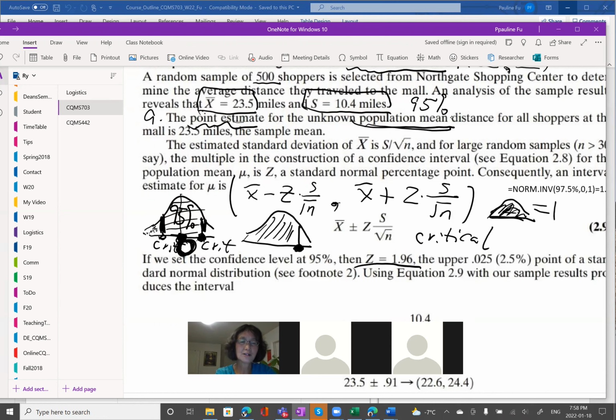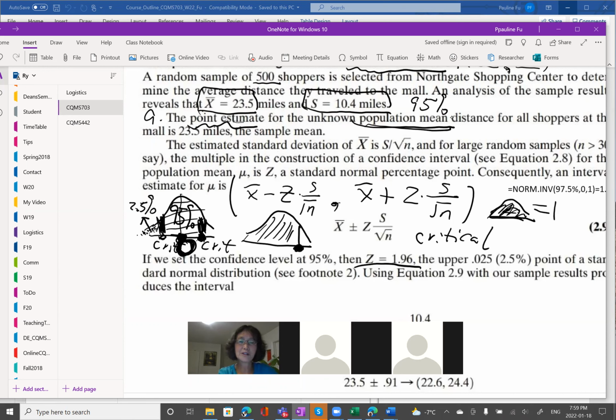What is this area, the left tail area? It will be 0.025. 2.5%, you mean? Yes, excellent. This left tail is 2.5%. Thank you for your participation. So if the central area is 95%, this little left tail area is 2.5%.